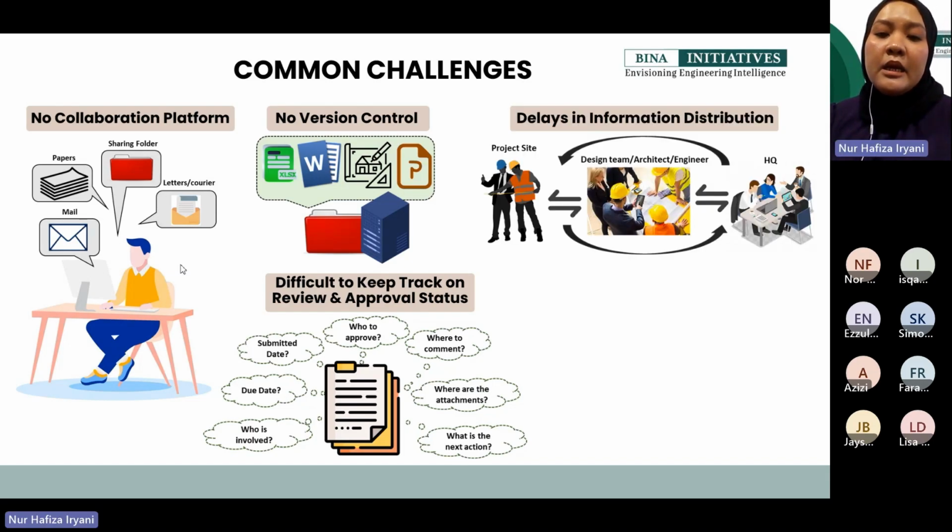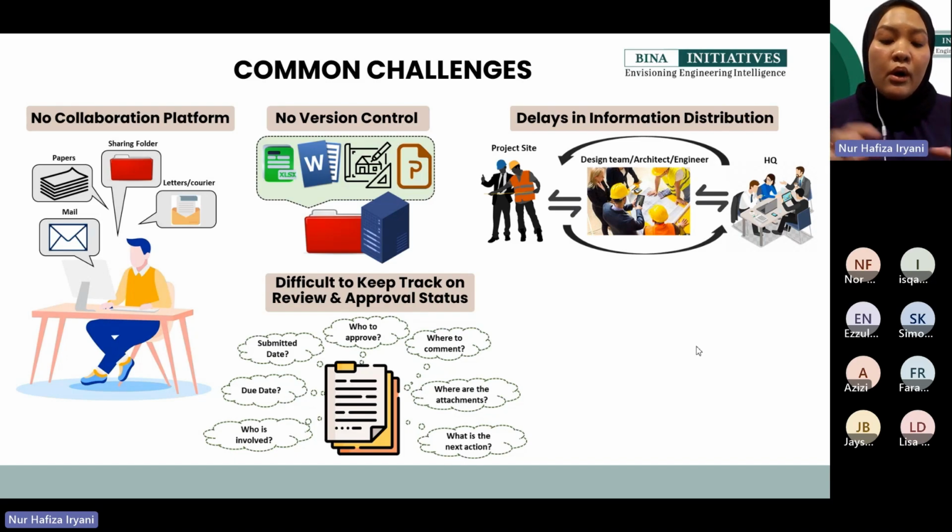Okay, and then we go to delays in information distribution. Basically, for example, in the construction industry, we have a lot of teams: site team, HQ team, design team, architect team, engineer team, subcon team, mancon team, supplier team, and so on.